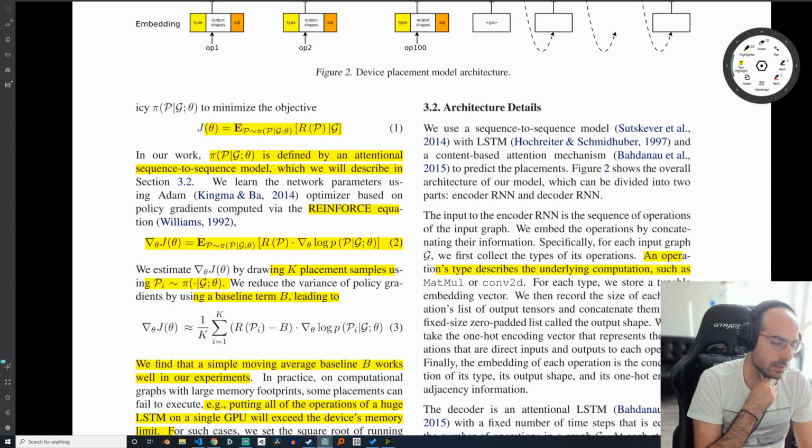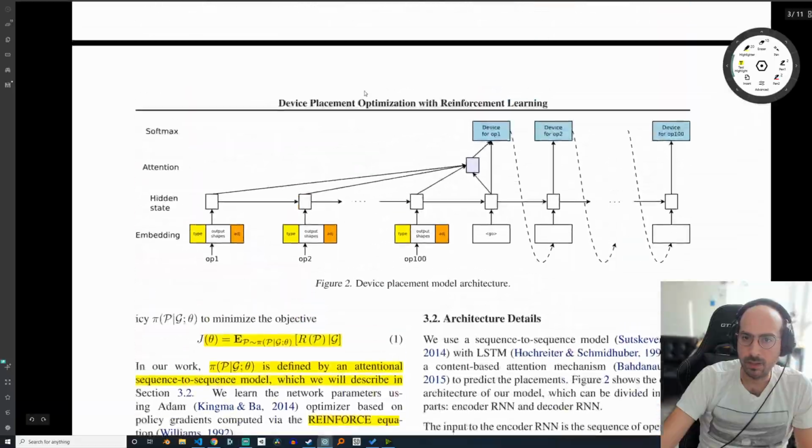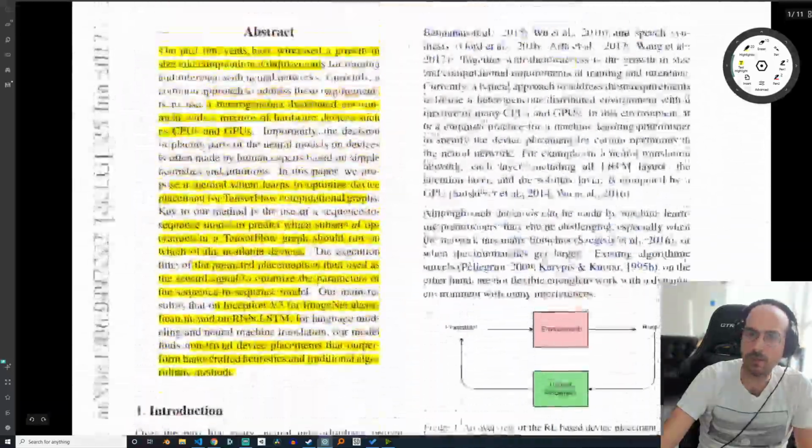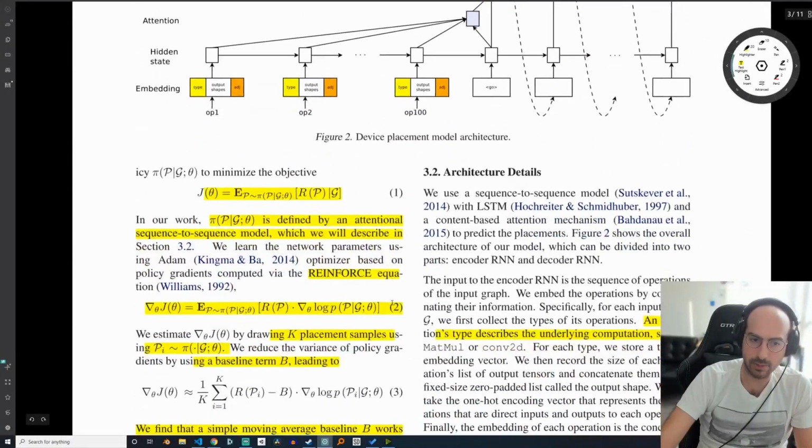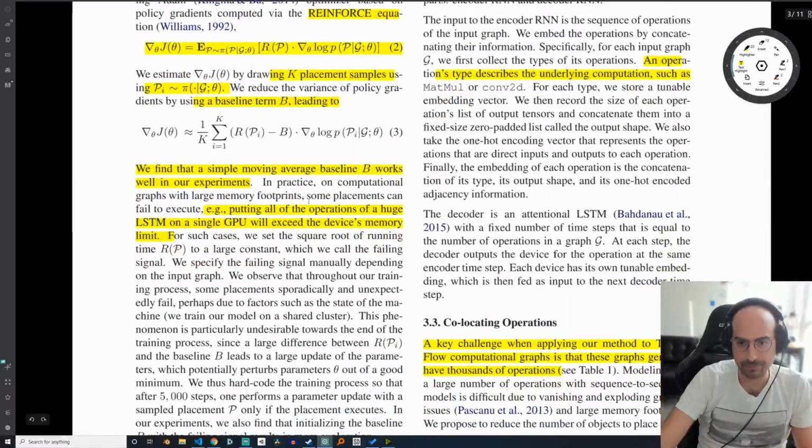Oh, I see how this works. Okay, sure. Your loss function is basically how far off you were from predicting the right runtime, right? You're saying, I believe the runtime is going to be this according to my model. And eventually, if you train a model that can, given a placement, predict a runtime, you can then ask this model, give me the best placement. So this is how this whole pipeline works.